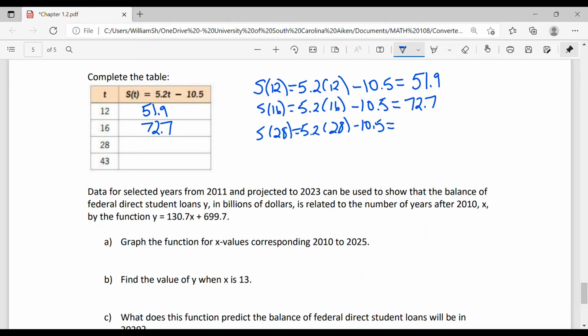That gives us 135.1. And we can also look at s of 43. So 5.2 times 43 minus 10.5 equals 213.1.